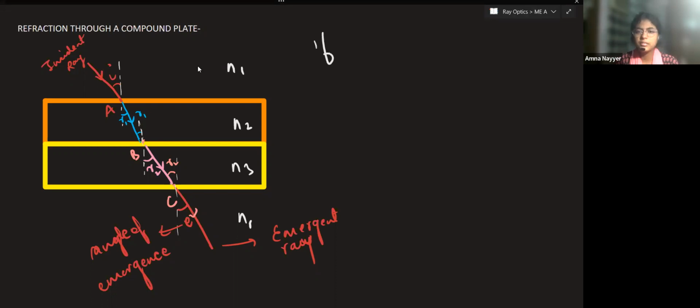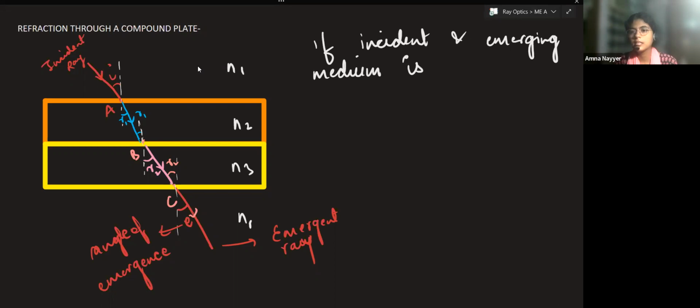If the incident and emerging medium is the same, then the angle of incidence should be equal to the angle of emergence, because that is in the same medium. So let's see if they are equal or not, if there is some other physics behind it.